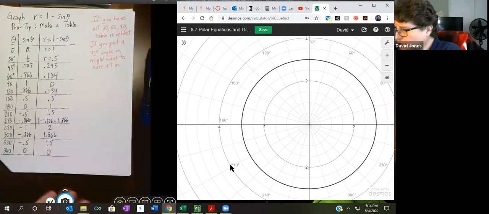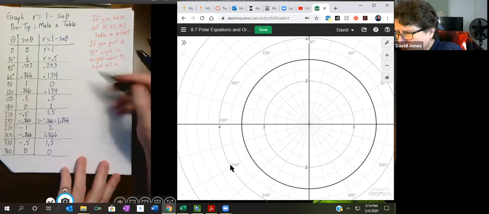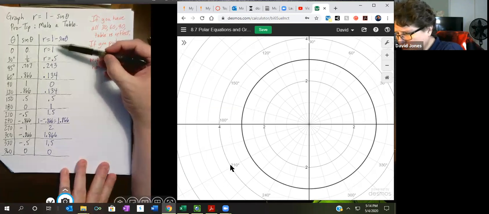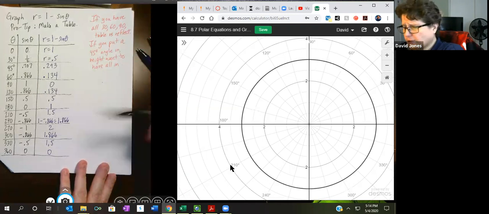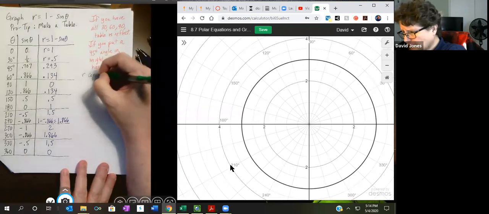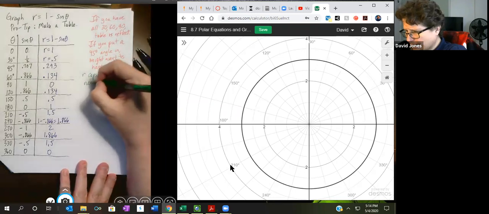And finally, I'm going to draw my graph. I'm going to look to see what my biggest R is. R is biggest at 2. I don't need more than 2 rings. Does that make sense? So R caps at 2. Only need 2 rings.